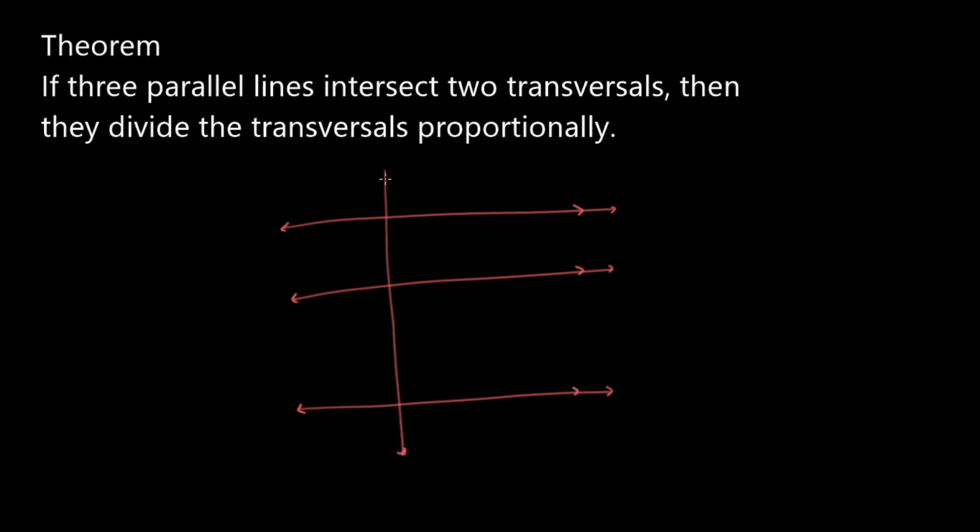So here's one transversal, and here's another transversal. They will divide these transversals proportionally. So let me label these points A, B, C, D, E, and F.